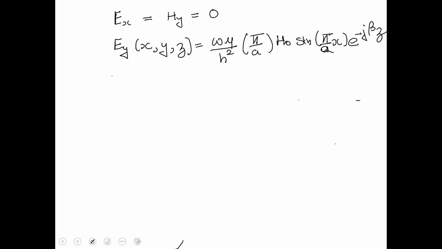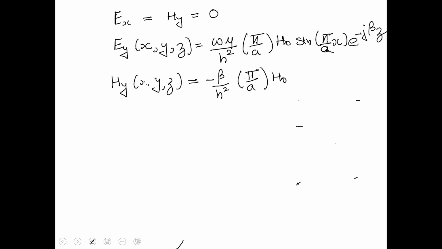And similarly, we have an Hy field which is going to be given by minus beta by h square, just substituting the terms in the expressions we have before, pi by a h naught sine pi by a x e minus j beta z.